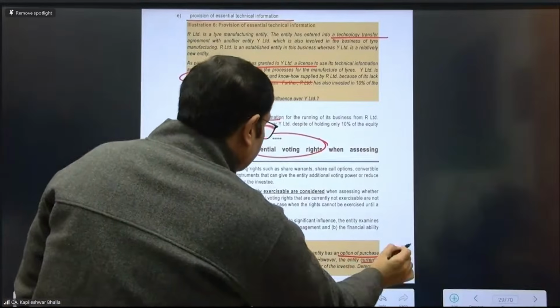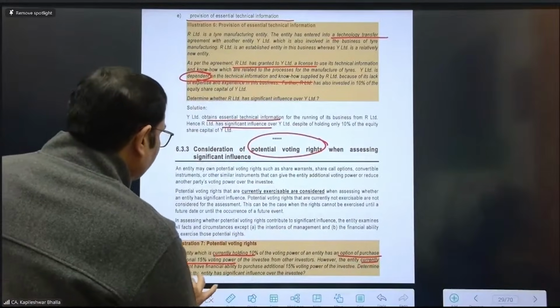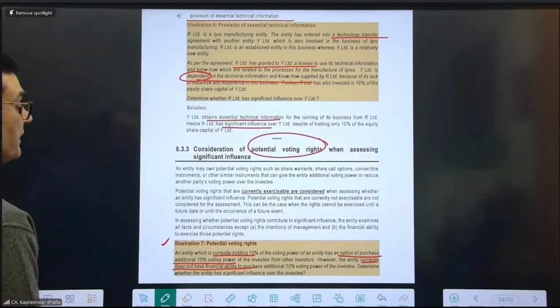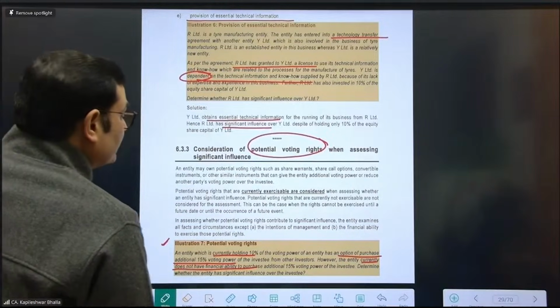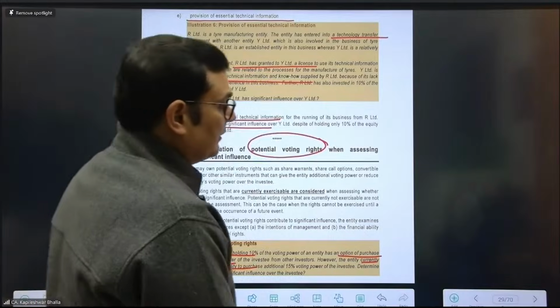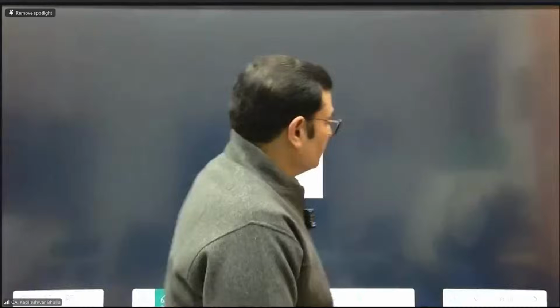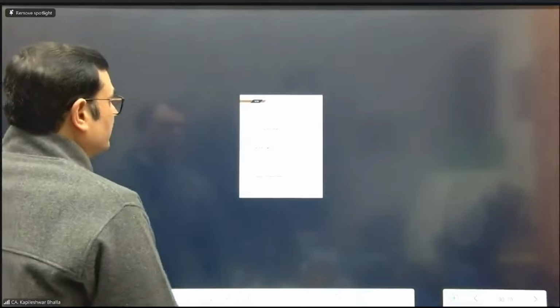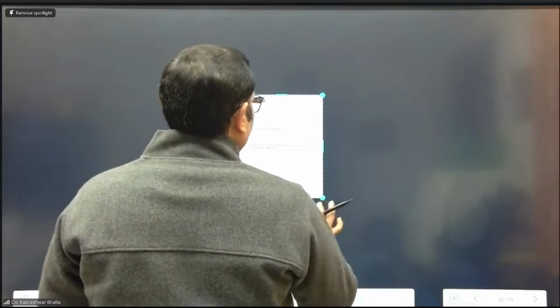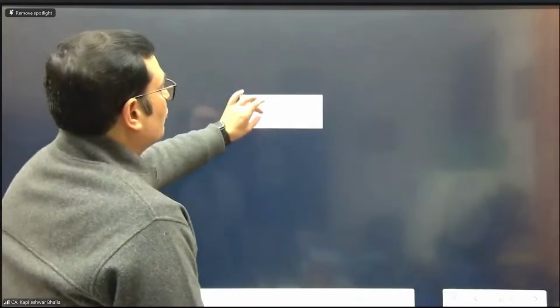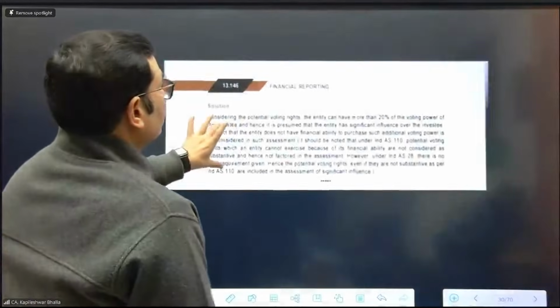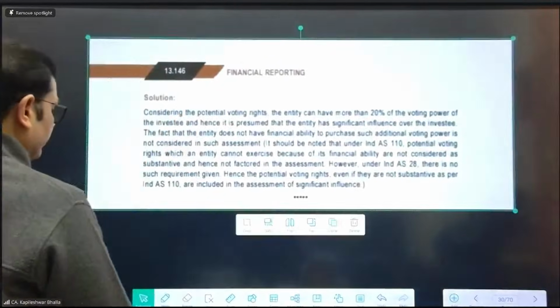However, the entity currently does not have the financial ability to purchase these 15% voting power. Determine whether significant influence is there or not. So you've got the option to purchase, but it says financially you are not in a position to purchase. You do not have the funds which are required. Now let's see the assessment which is given out here.